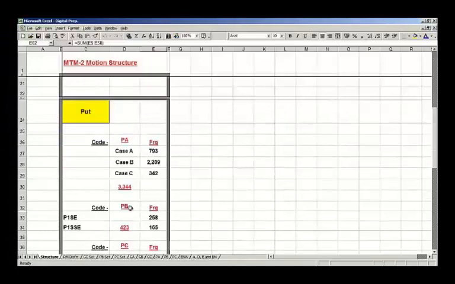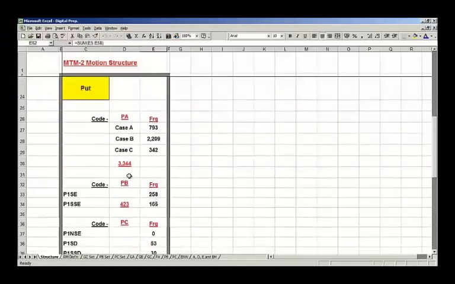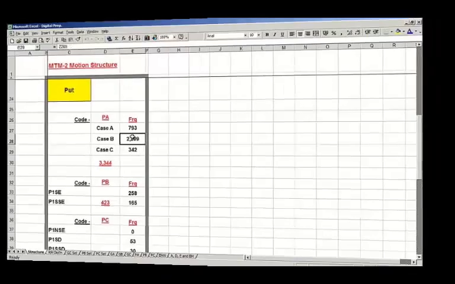You look at the PA, for example, you've got over 3,000, so well over 30% of the motions are put, case A put. And again you've got case A, case B and case C moves, the frequencies mostly being, as you can see, case B, which you'd expect.